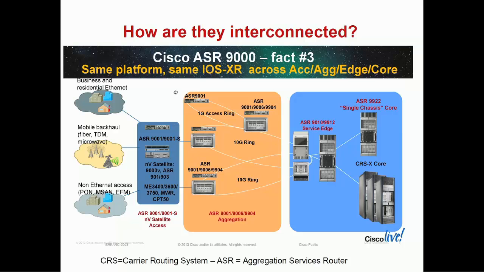Okay. So, let us look at how the internet is organized. You start off with a LAN network, a business or a residential Ethernet that starts something like this, and then these networks connect to something known as aggregation services routers, ASRs, and they connect to bigger aggregation services routers.